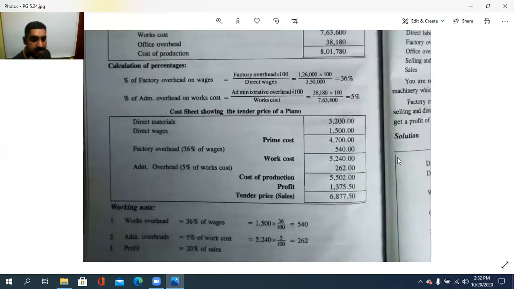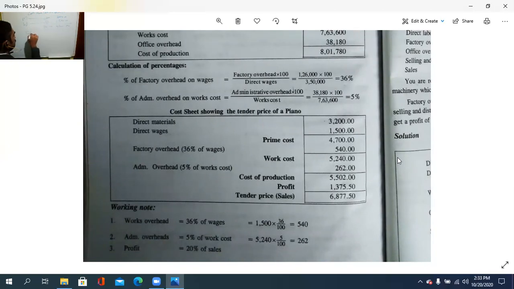So this is the case. Cost sheet, or tender cost sheet, showing the tender price. Material, 3,200. Then wages, 1,500. So it is 4,700. That is the prime cost.